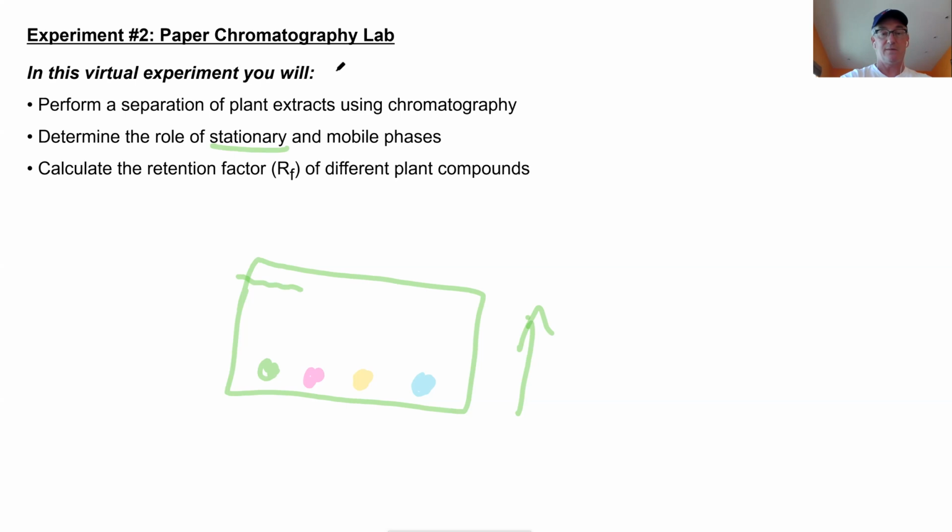So here's the boundary of where the liquid is. Anyone remember what this is called? The boundary where the liquid? Line. What do we call it though?